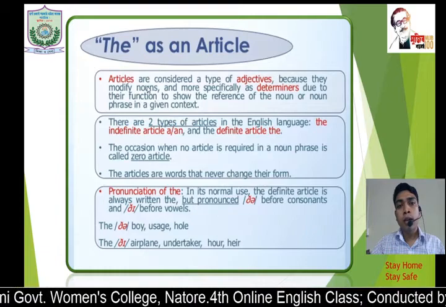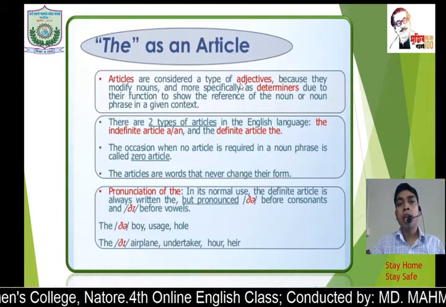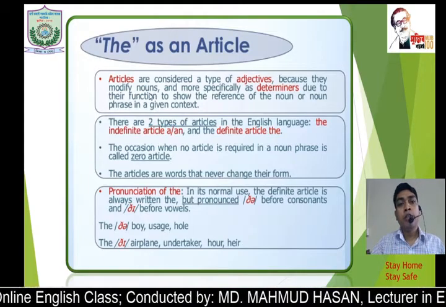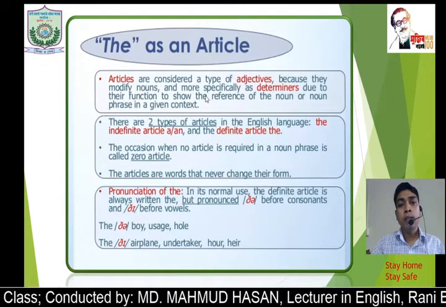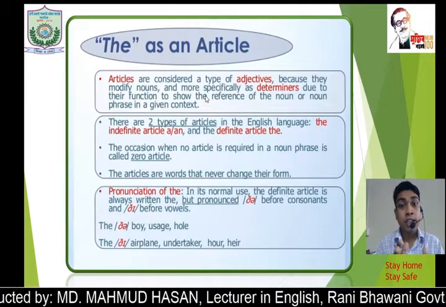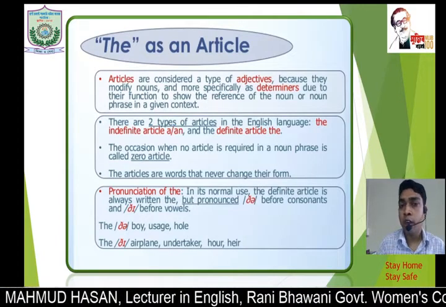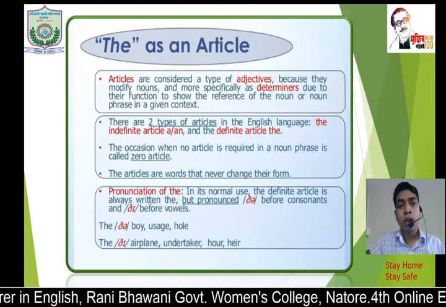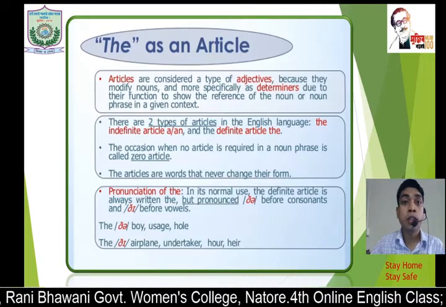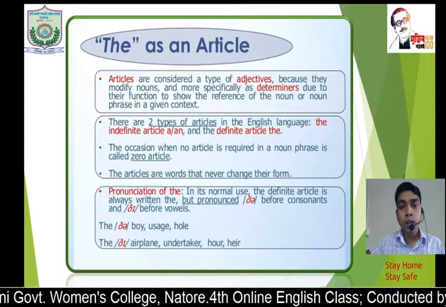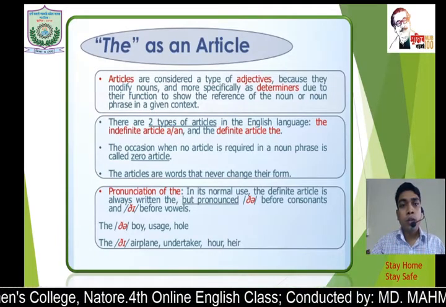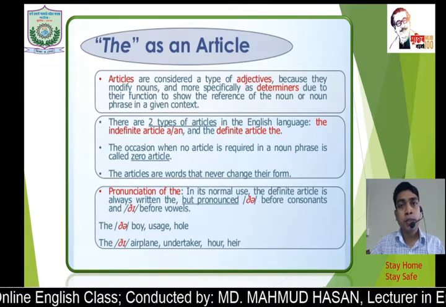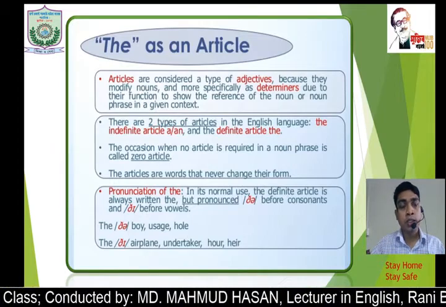Articles are considered a type of adjectives because they modify nouns, and more specifically as determiners, due to their functions to show the reference of the noun or noun phrase in a given context. So, articles are regarded as adjectives and as well determiners. They modify nouns.